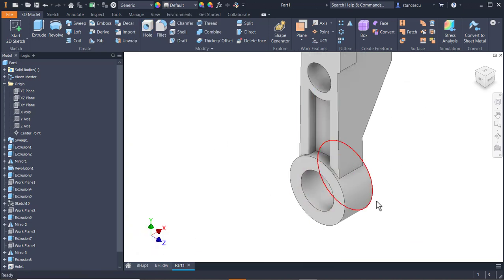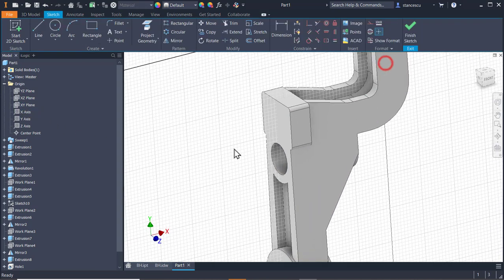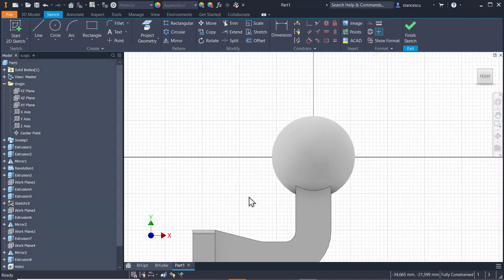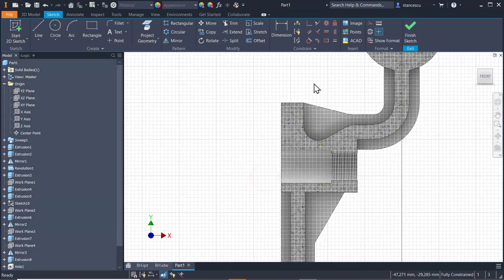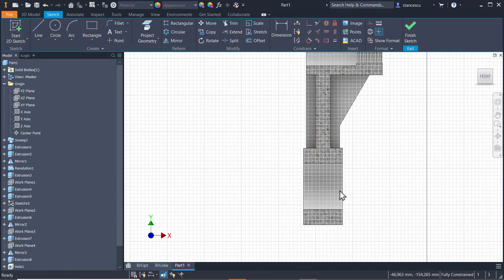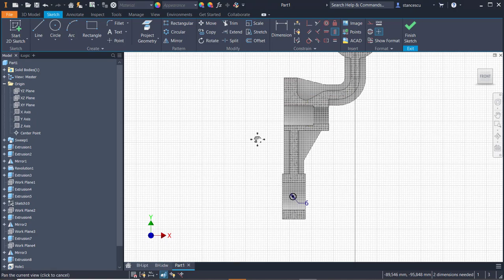Now the hole through the cylinder. I create a circle here with a diameter of 6 on the same vertical with the center point, not the center point. I need to project.